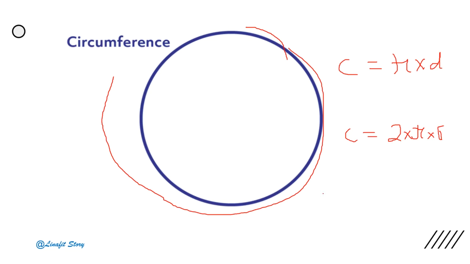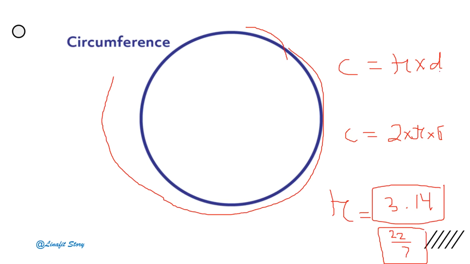For the pi in here, pi equals 3.14 or 22 over 7. If the diameter or the radius is divisible by 7, you may use pi equals 22 over 7. Otherwise, you just use pi equals 3.14.